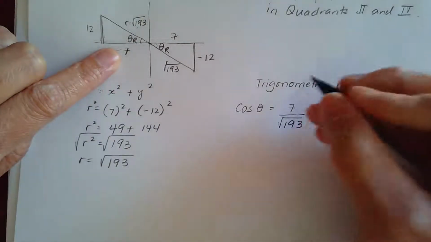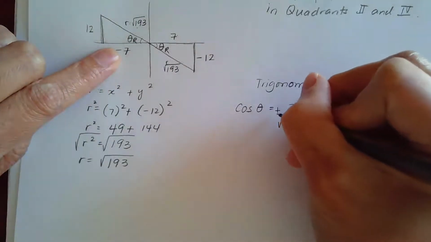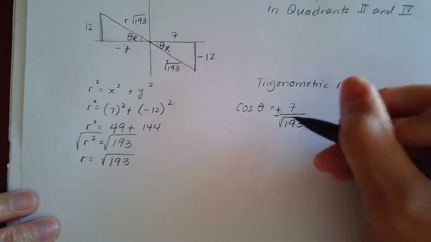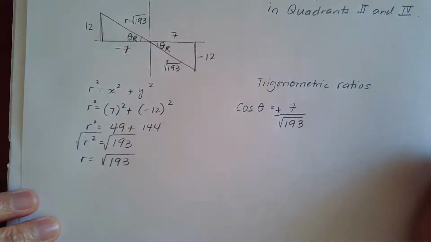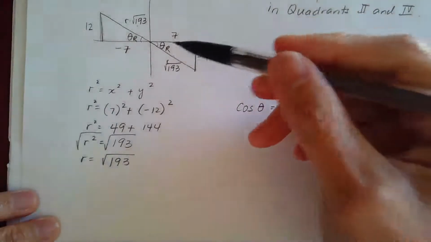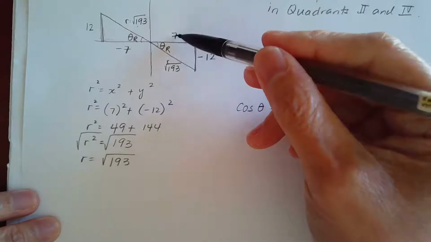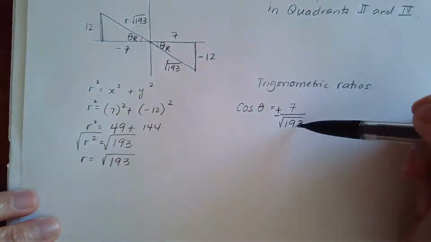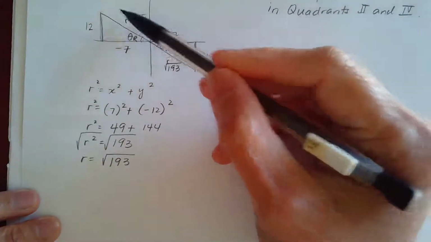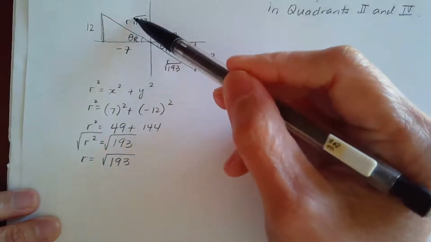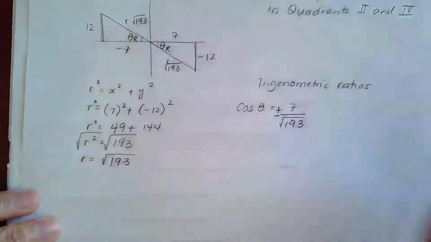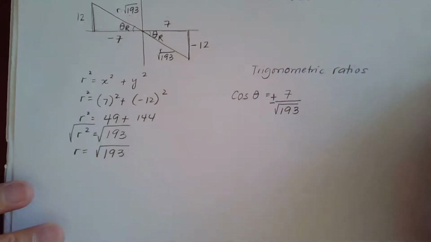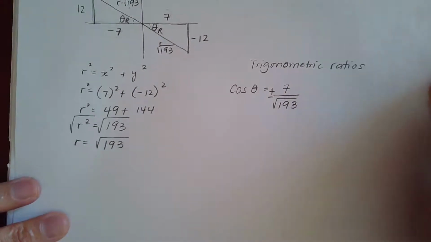So in terms of cosine, we're going to have plus or minus 7 over root of 193. This one is adjacent over hypotenuse, 7 over the root of 193. Or you can look at this triangle over here, adjacent over hypotenuse, so negative 7 over root of 193. That's why we had to do plus or minus for the value of cosine.